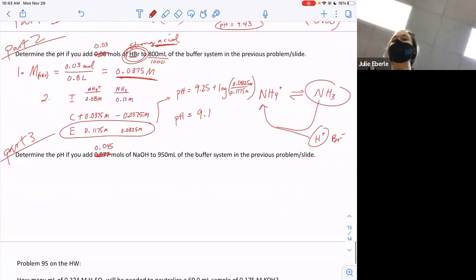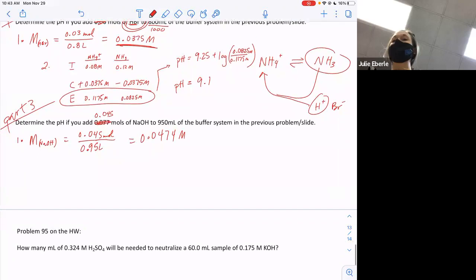So same buffer components here. First step is you calculate the molarity of the strong base you're adding. So the molarity of NaOH is going to be the moles, 0.045, divided by the liters, 0.95 liters. So my molarity will be 0.0474.